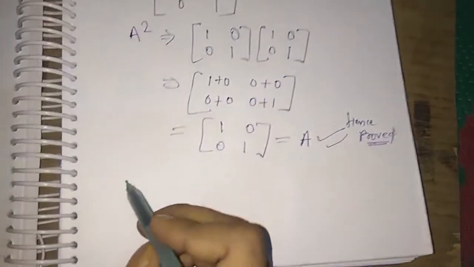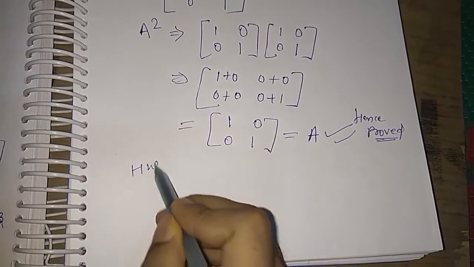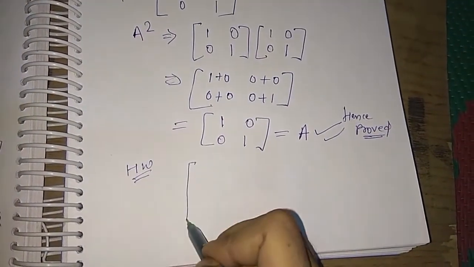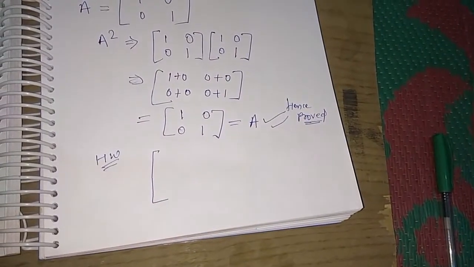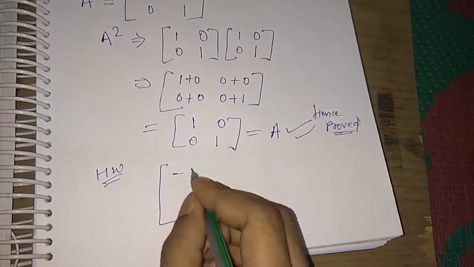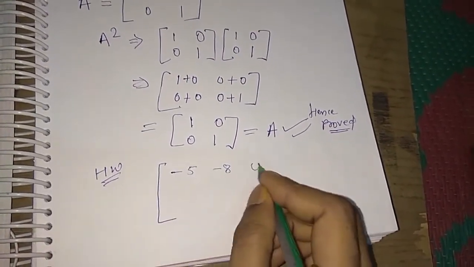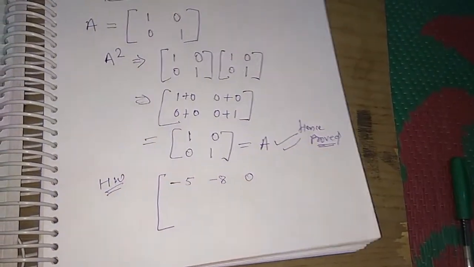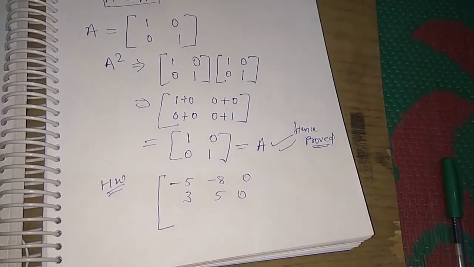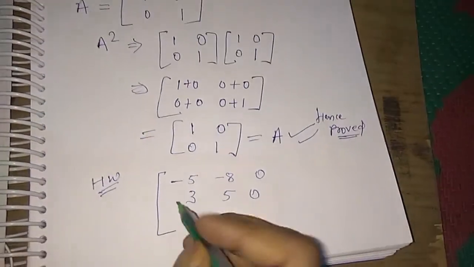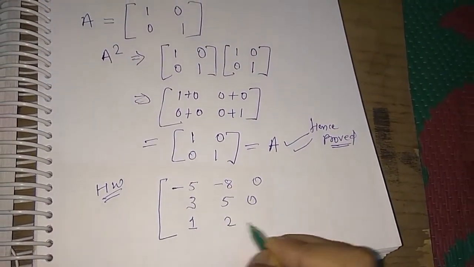Let me give you a homework. There is a matrix A with values 5 minus 8 0, minus 5 minus 8 0, 3 5 0, 3 5 0, 1 2 minus 1, 1 2 minus 1.